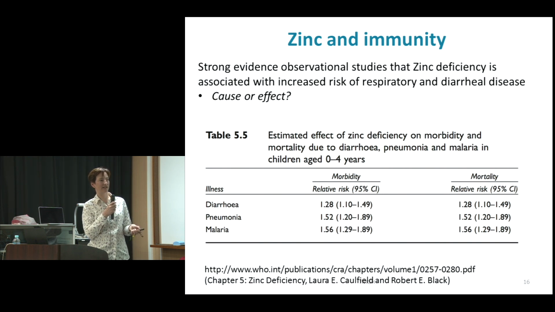Here, a relative risk of 1.28 means a 28% increased risk of becoming sick with diarrhea in children who were zinc deficient compared to those that weren't. 52% for pneumonia, 56% for malaria, and similar. And you can see they're all statistically significant because they don't cross 1.